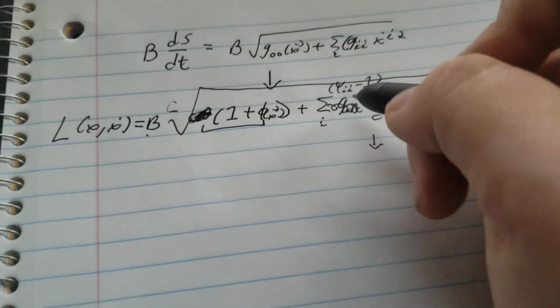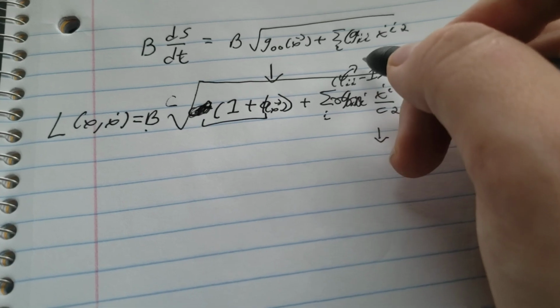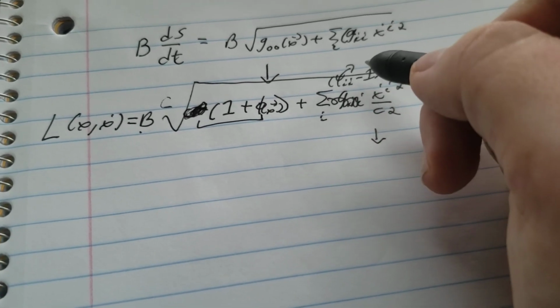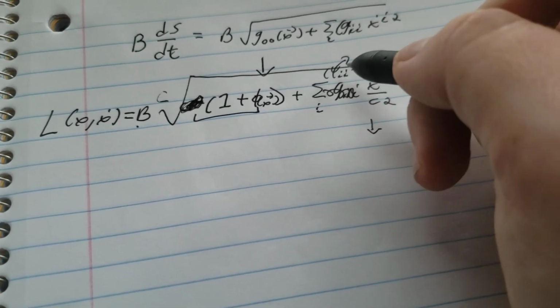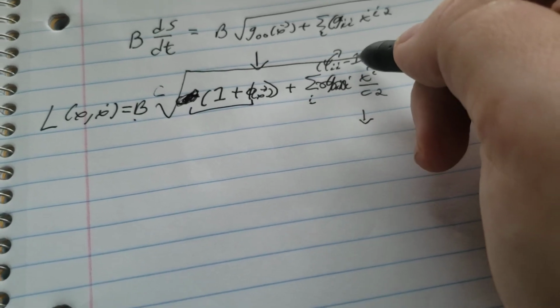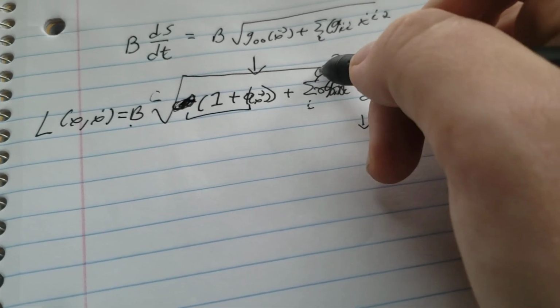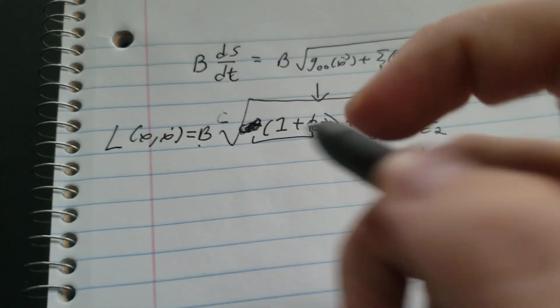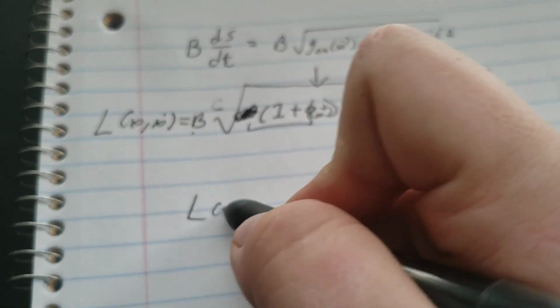And this little fluctuation in the spatial metric components is going to be even smaller, compared to that factor of 1.